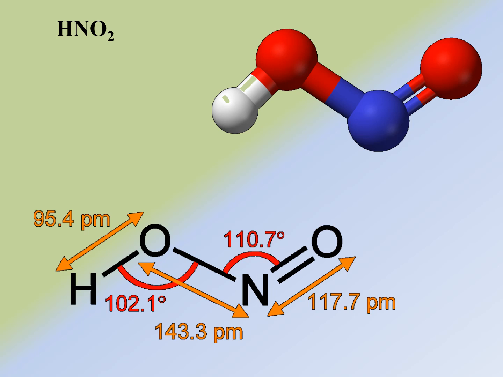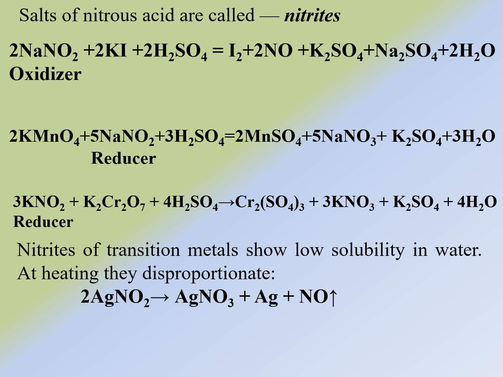This is HNO2, called nitrous acid, with the salts called nitrites. Nitrites can be oxidizers or reducers. So with a strong reducer, they will play a role of an oxidizer. With a strong oxidizer, they will play a role of a reducer.